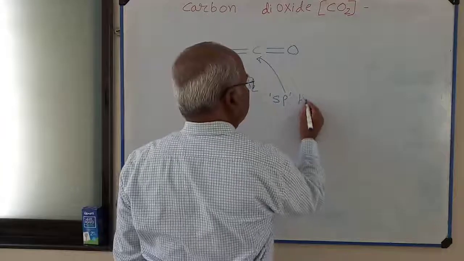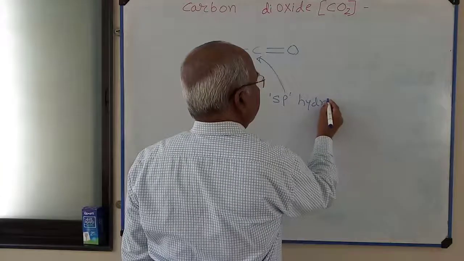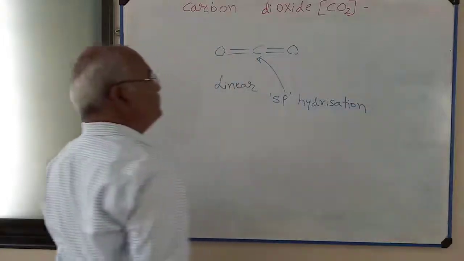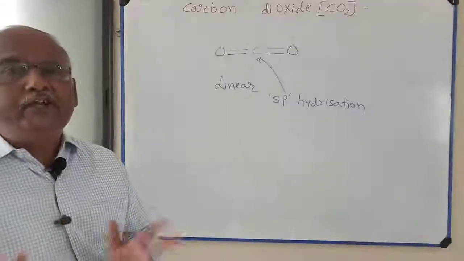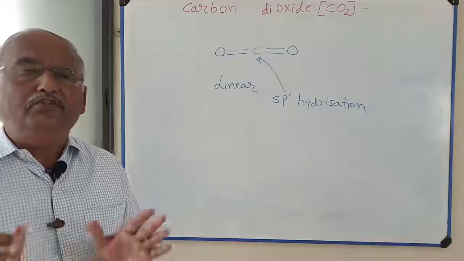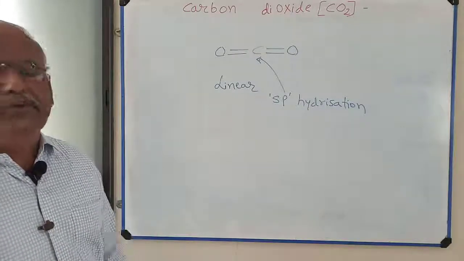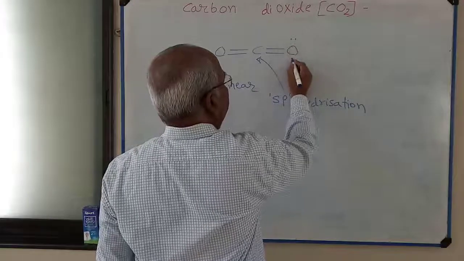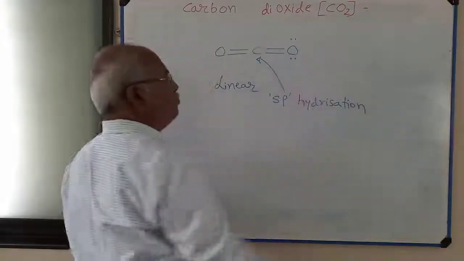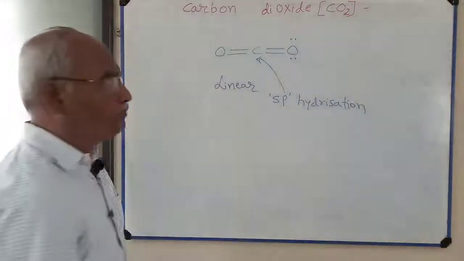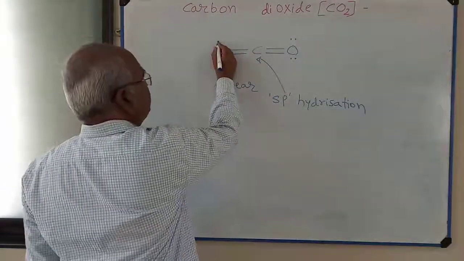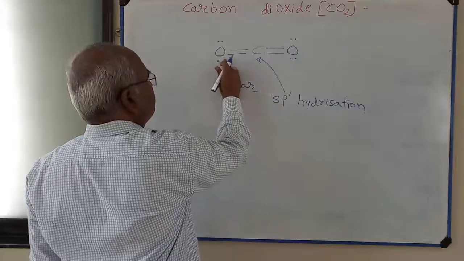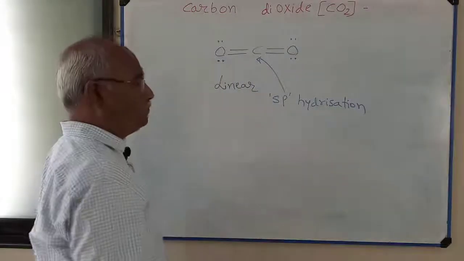When atom undergoes sp hybridization, the geometry of the molecule is linear. This oxygen atom has two lone pairs of electrons. Similarly, this oxygen atom has two lone pairs of electrons.